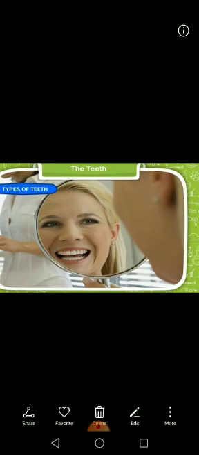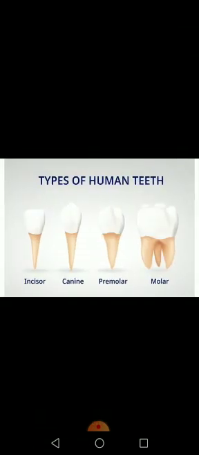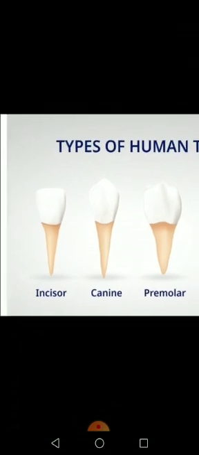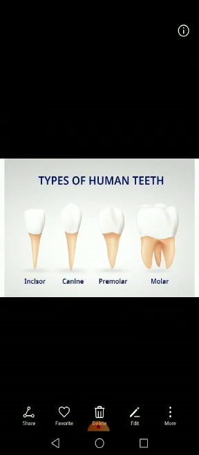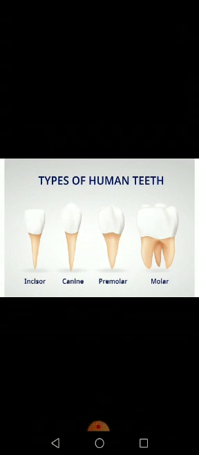We have four different types of teeth in our mouth, and they are incisors, canines, premolars, and molars. These are the four types of human teeth. Now let's discuss these teeth one by one.